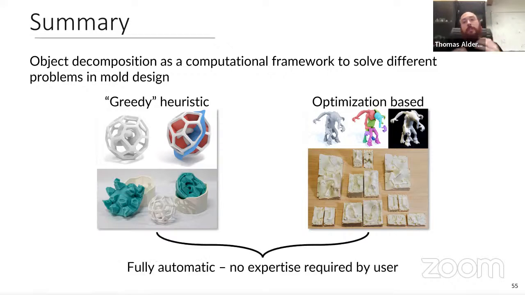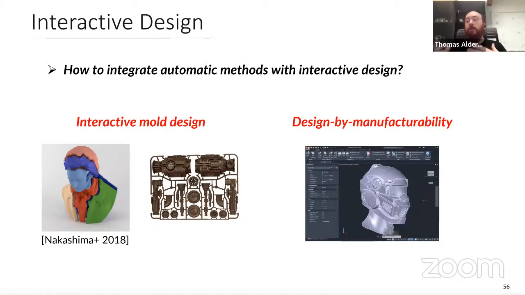And also I want to stress the fact that both these methods are fully automatic, so they require no user expertise or user intervention to output their results. And this can be seen as a good point, but also sometimes when you tackle problems related to design, this can be seen as a limitation.